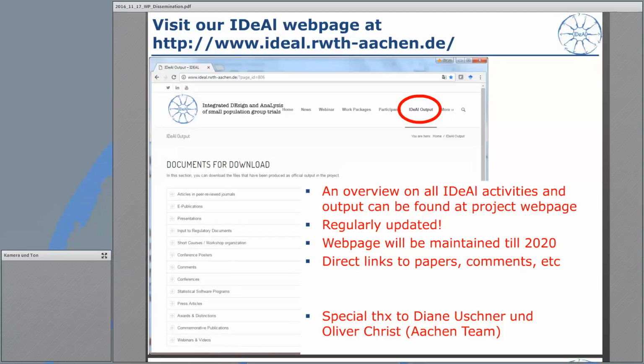For example, any new publication or R packages will immediately go on our webpage. And if you go to the section IDLE output, you will find a long list with all of our outputs generated in the last 3 years. You will find direct links to papers, comments, and so on. A special thanks again to Diane Uschner and also to Oliver Christ from the Aachen team for the input to the web page.